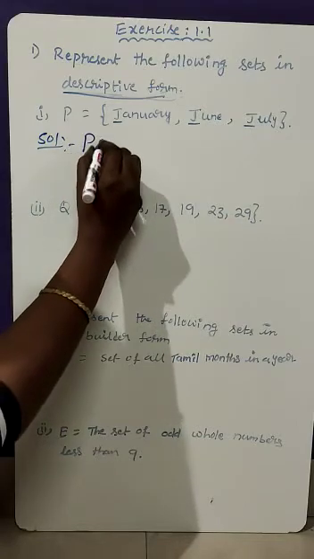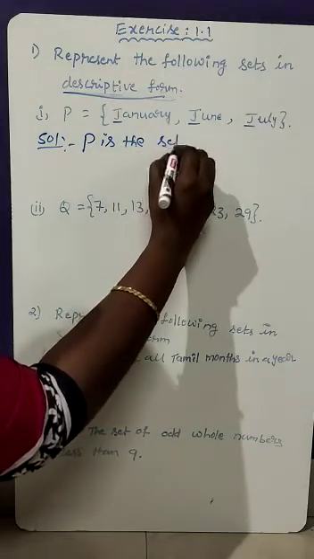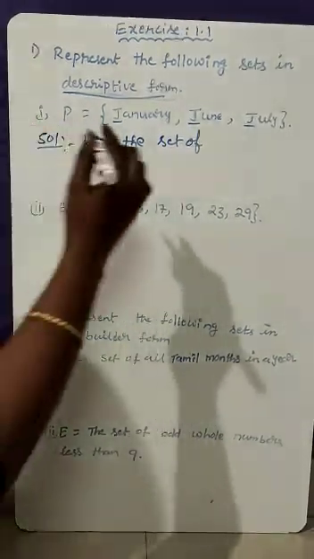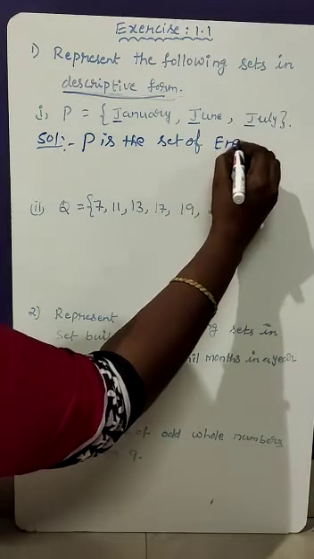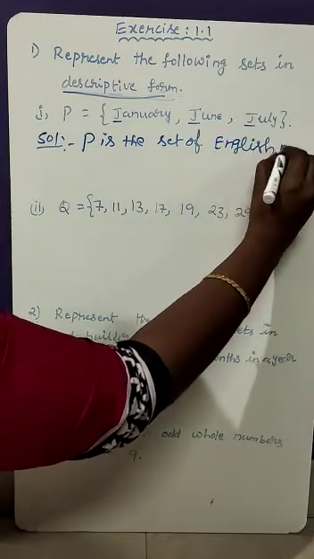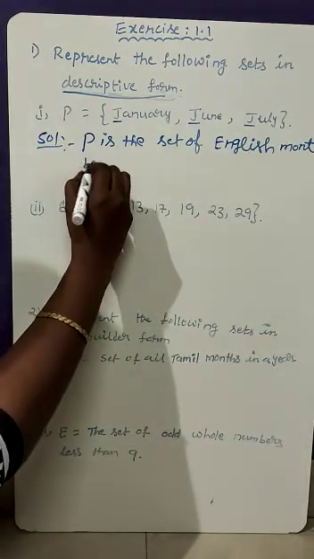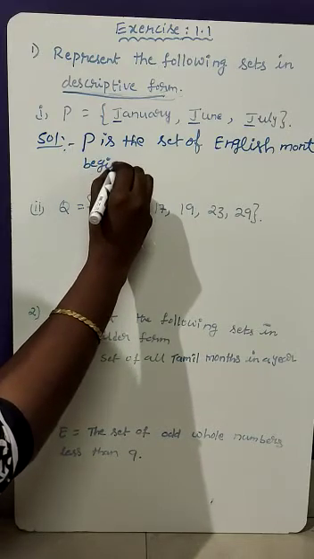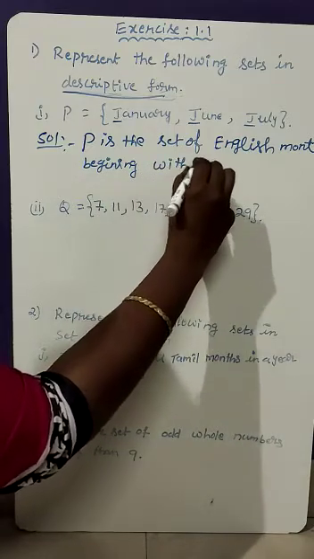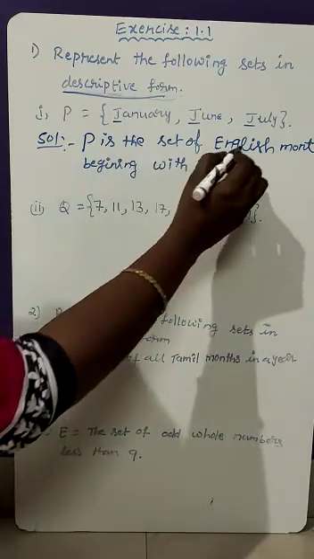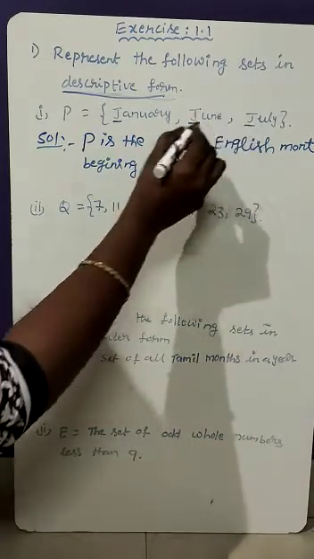So January, June, July. We write: P is the set of English months beginning with J. So the beginning with J letters, that is January, June, July.